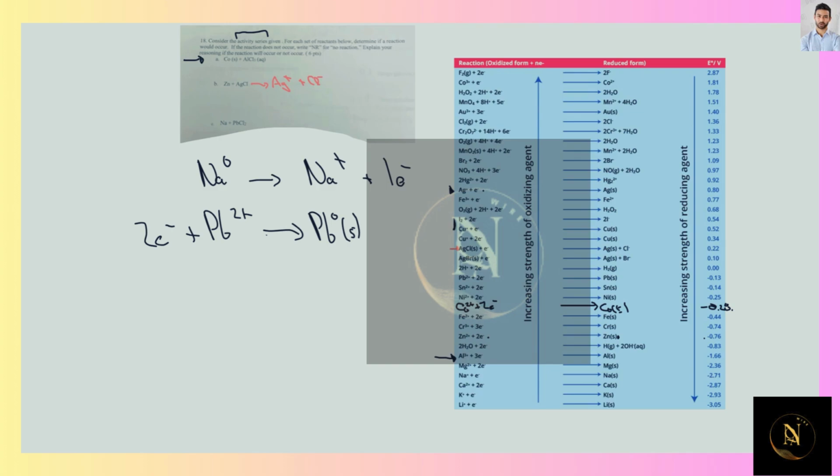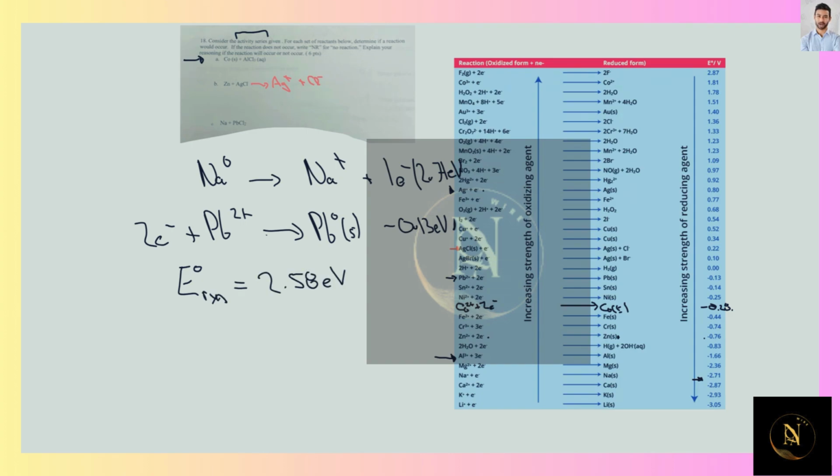So the reduction potential for lead 2 plus is going to be minus 0.13 electron volts, and the oxidation of sodium corresponds to plus 2.71, the inverse of the redox reaction. So adding both of these quantities up, 2.71 minus 0.13, the potential of the reaction would be 2.58 electron volts.